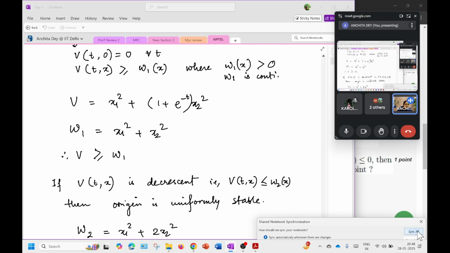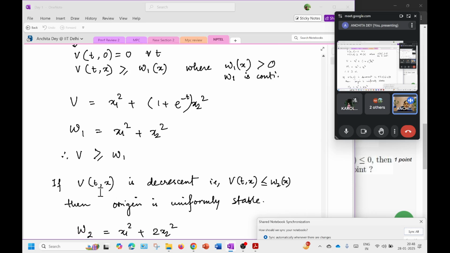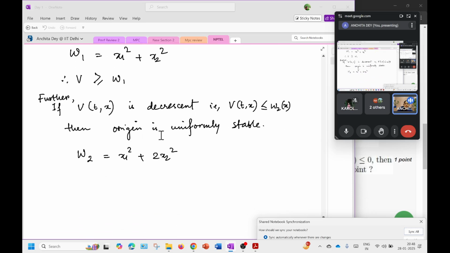So this is a further. Okay, this is an added condition. First, if this is true, then of course the origin is stable. Along with that, if your V is decrescent, it's a further thing. Okay, then your origin is uniformly stable, right? And then along with that, say also, or I can write further along with that.